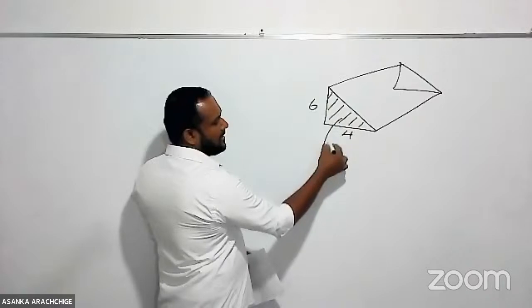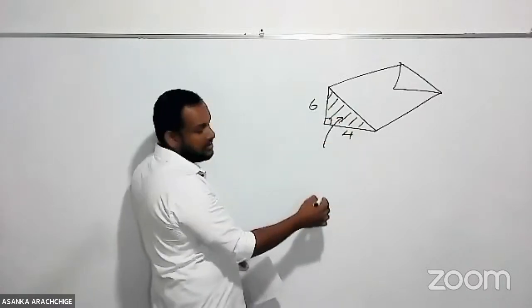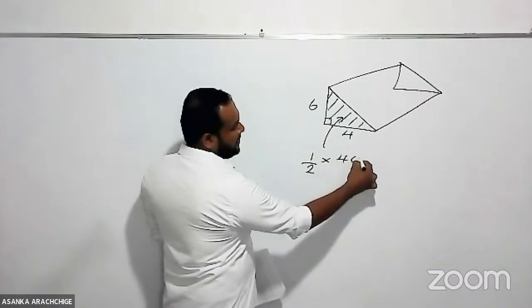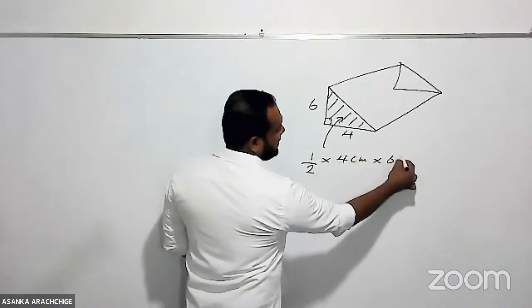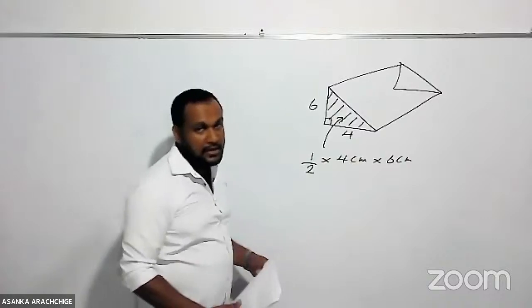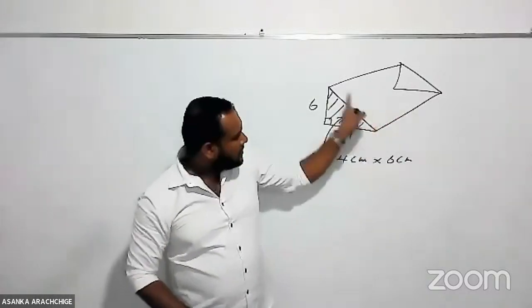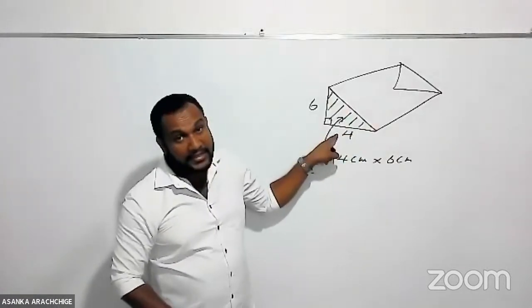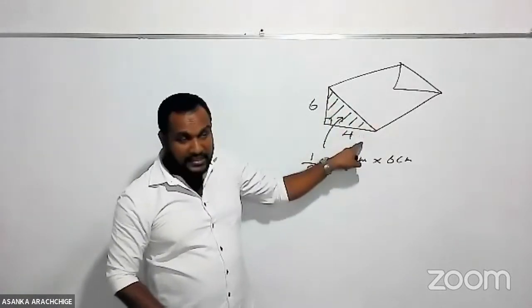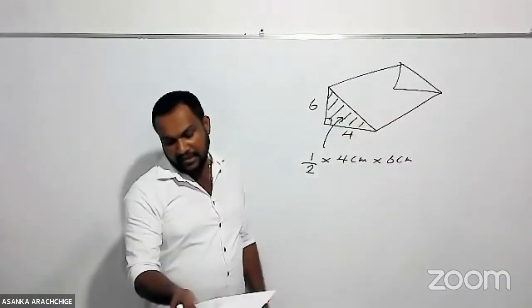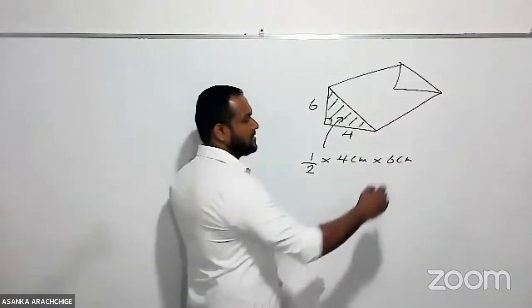Then what is the area of this cross section? Half into base into perpendicular height. That must be multiplied by the length this cross section exists. The length is 12 centimeters.